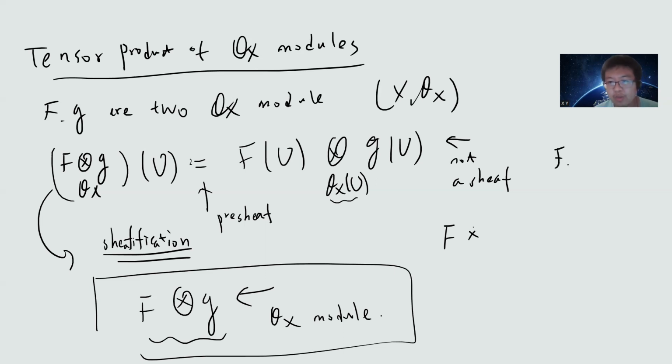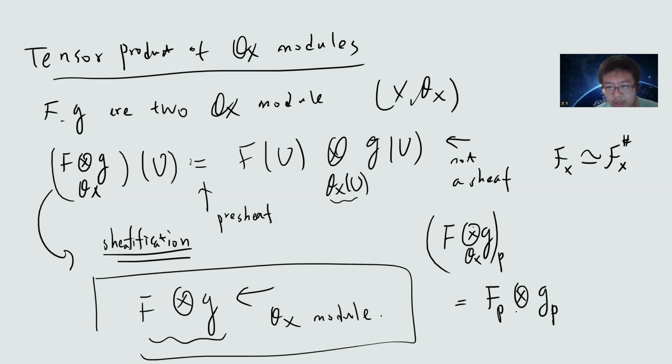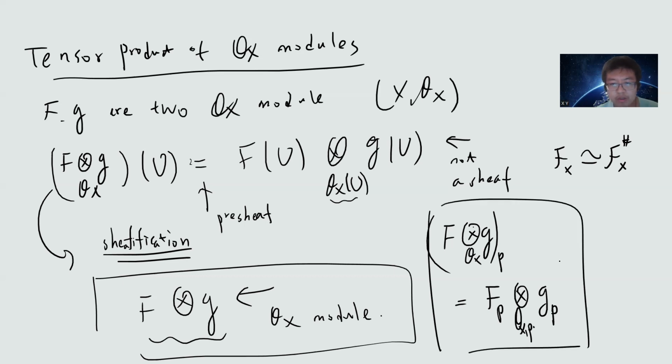I think in a previous video I proved that the stalk at x of a pre-sheaf is isomorphic to the stalk at x of its sheafification. So you can check that at a point p, the stalk is the same as F_p tensor G_p over OX,p. So this is the definition of the tensor product of sheaves of modules.